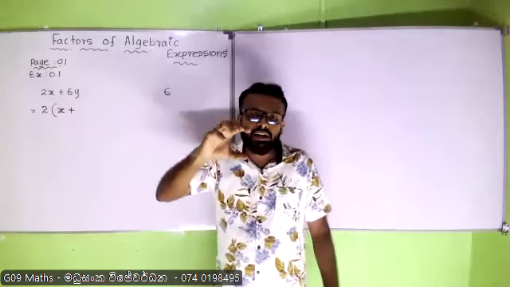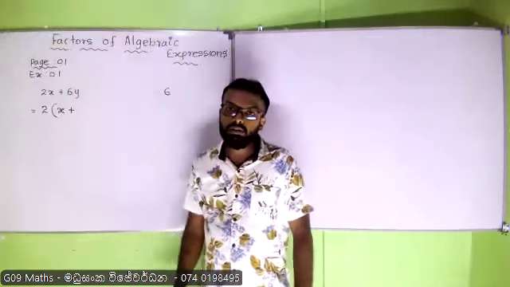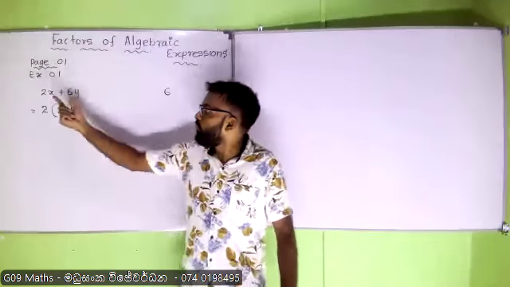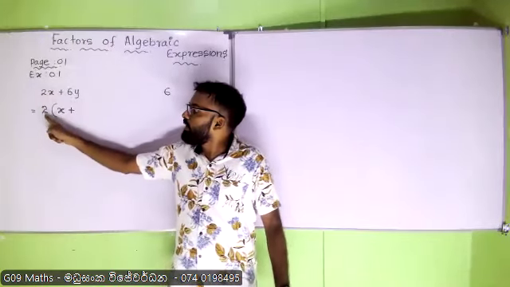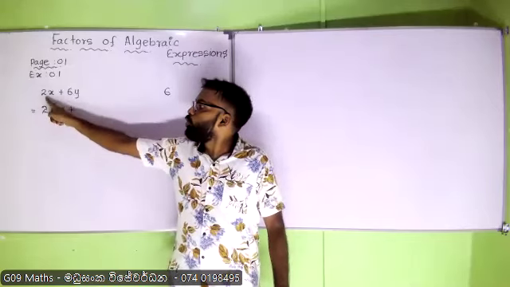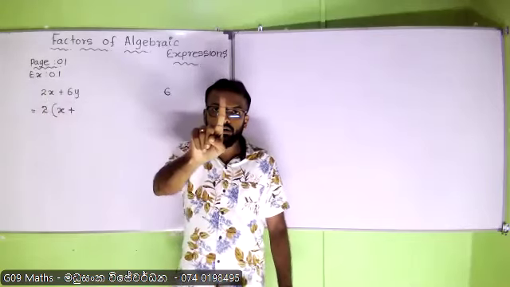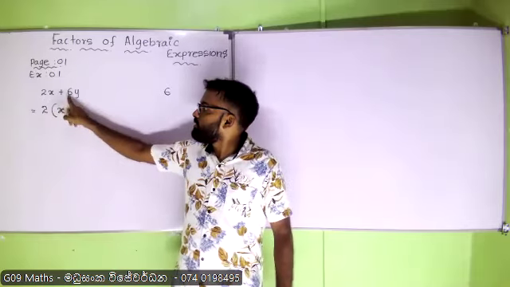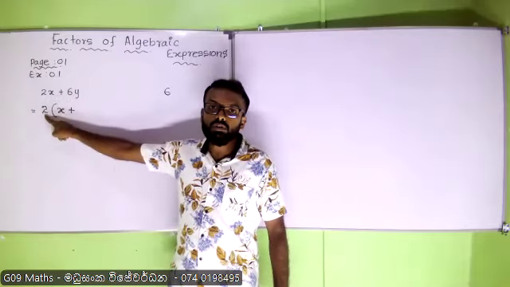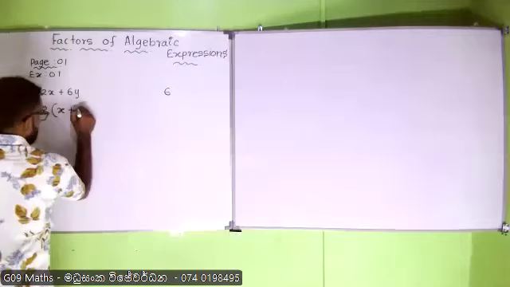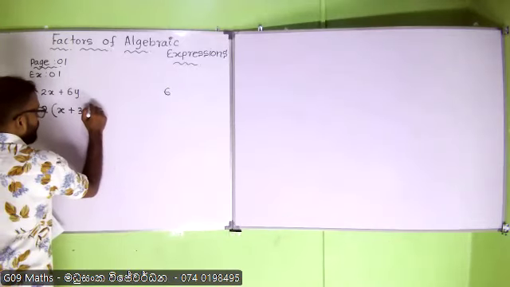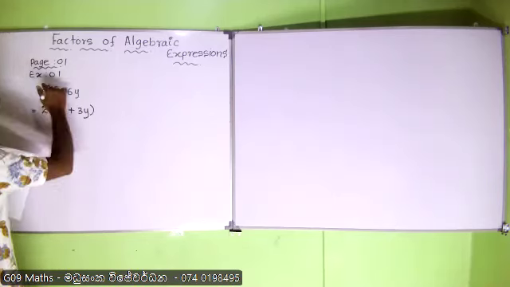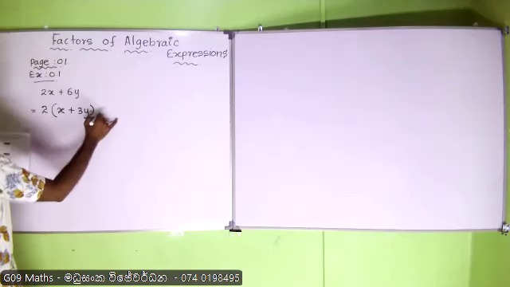When you are taking a common factor out, that means you are going to divide each term by this factor. 2 divided by 2 is 1, so 1x. 6 divided by 2 is 3, so 3y. So that is the way. You have to catch the pattern. So example number 1 is this. Your answer should be this one.